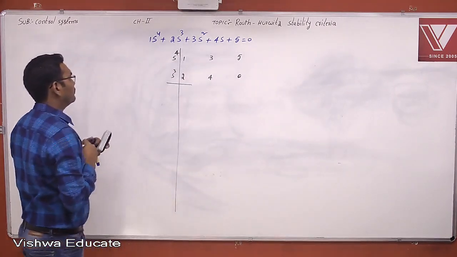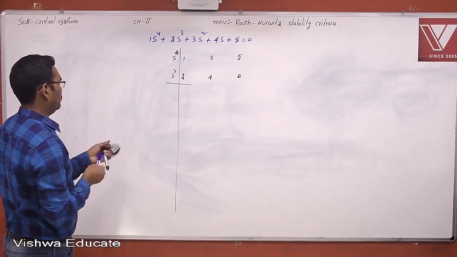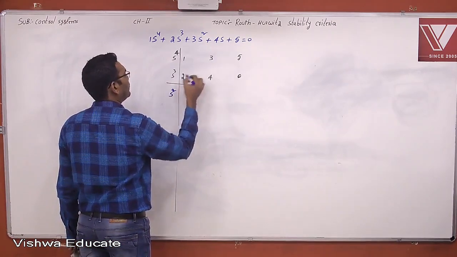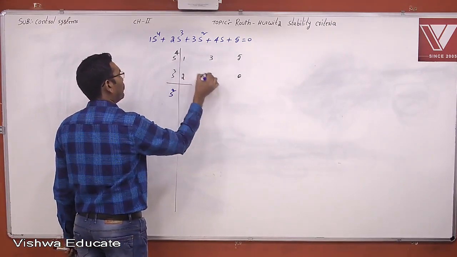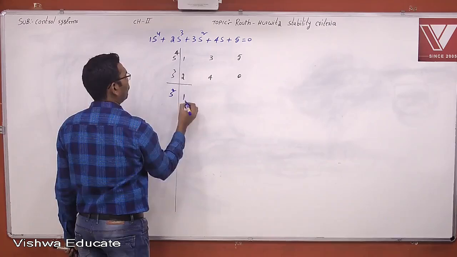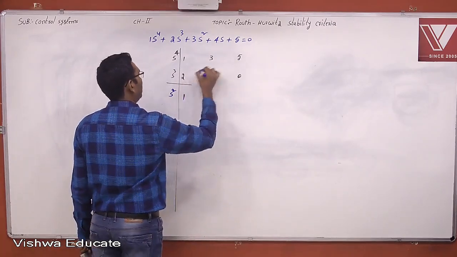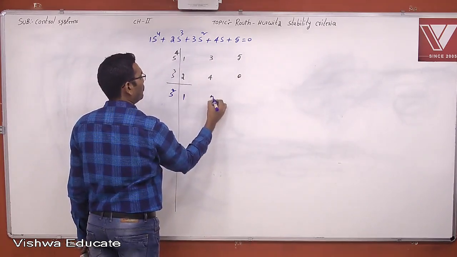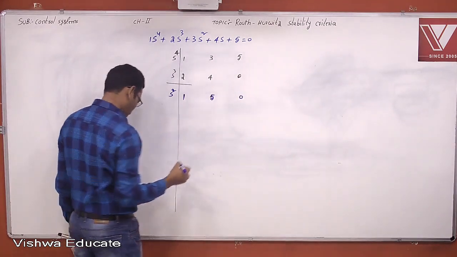Now s square: 2 into 3, 6 minus 4, 2 by 2, 1. 2 into 5, 10, 10 minus 0, 10, 10 by 2, 5, 0.